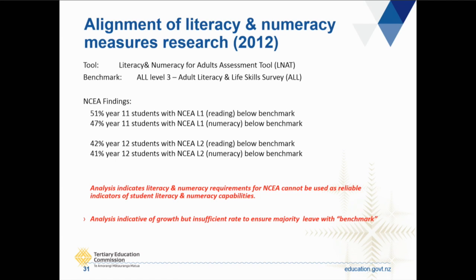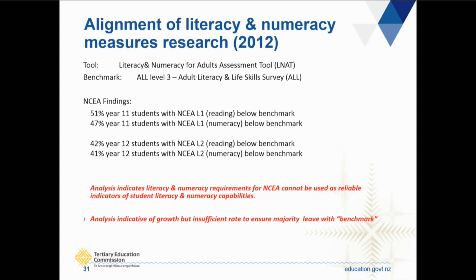The other thing it told us was, because it looked at our Year 8 students, so those were leaving intermediate or full primary schools, and those students who were meeting the national standard or who were above the national standard, there was a pretty high likelihood that those students would actually be able to meet a benchmark that was set somewhere around level 3.